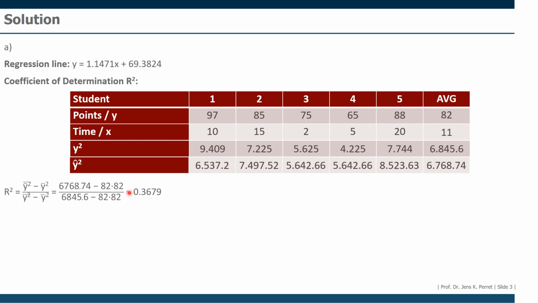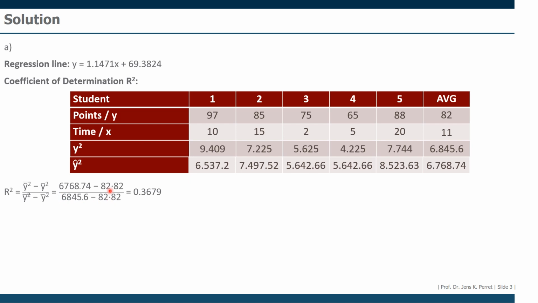Since the r squared is always between 0 and 1, if the y hat squared were on average larger than the y squared, the upper part of this fraction would be larger than the one below.